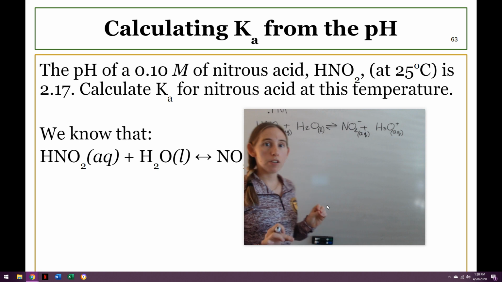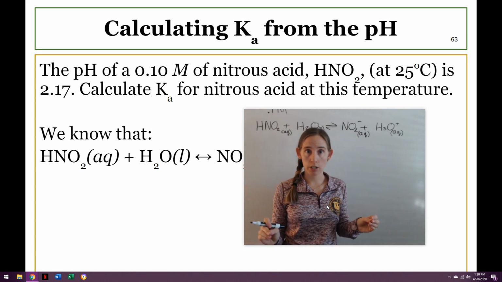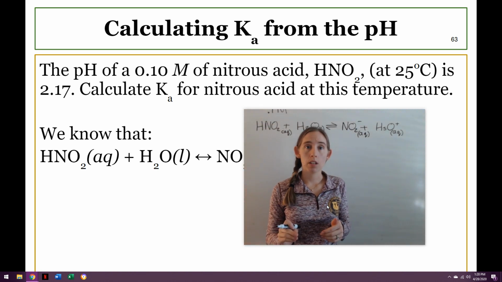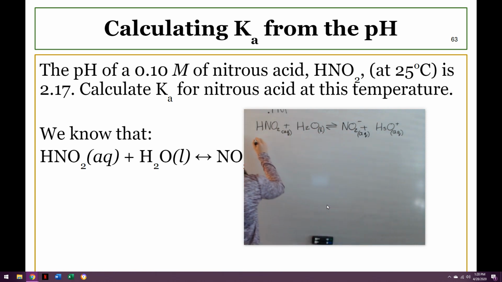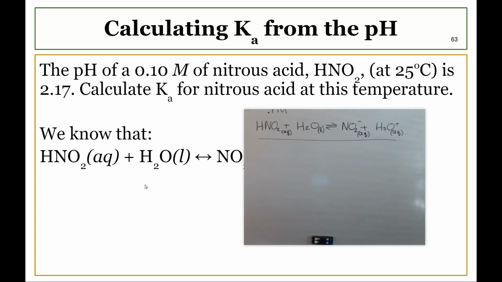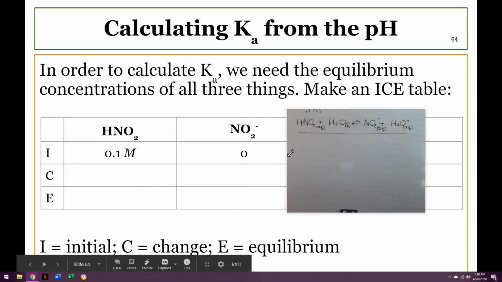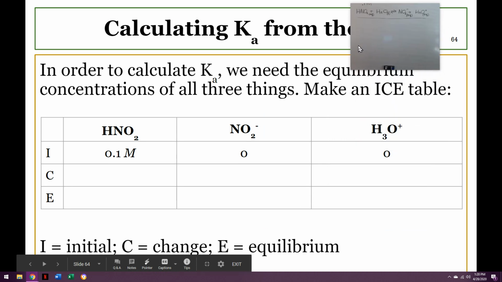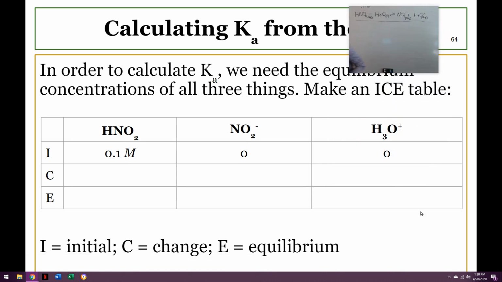We need to figure out the equilibrium concentrations for each of these. So we need to write out what's called an ICE table, ICE. I think I've got it on the next slide, actually. Indeed. You only draw this ICE table for your aqueous compounds.